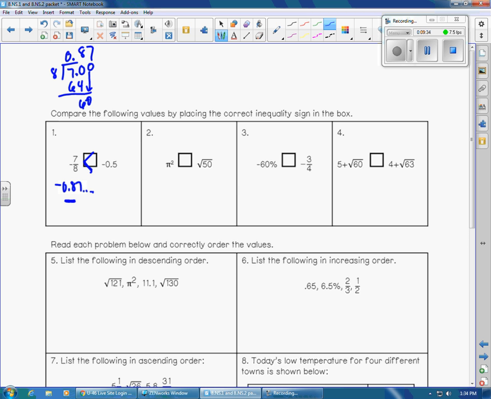The next one, pi squared. So that's pi times pi, or the square root of 50. Now the square root of 50 is not a perfect square. It's between the square root of 49, it's 1 greater than 49, and it's less than the square root of 64.